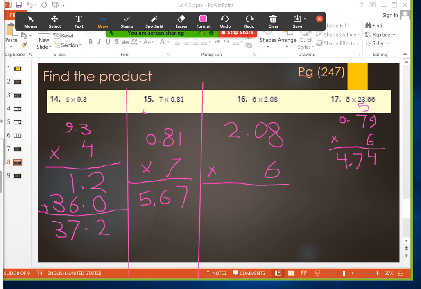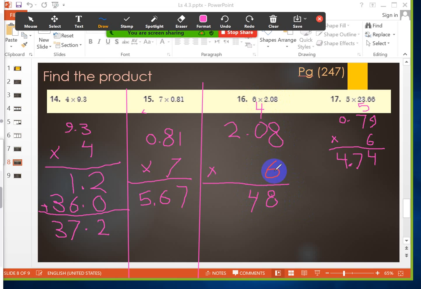Where is your name? I can't find your name. Okay, please quickly. 6 multiply 8. 48. Very good. So I will put 8 here and 4 above the 0. Now 6 multiply 0 is 0, plus 4, 4.